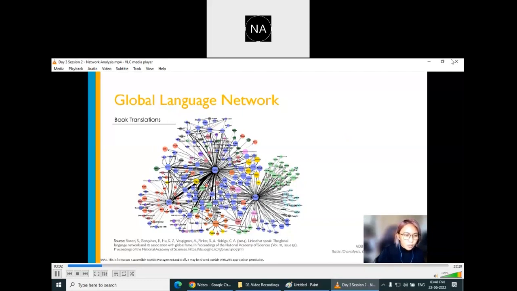And it gives us an idea of the global popularity of the languages or their global influence. Those that are in the center seem to influence translations for all the other languages, and we call them global hubs. We have here English, French, Spanish, Dutch, Russian, and it's also interesting to see that there are specific families of languages.